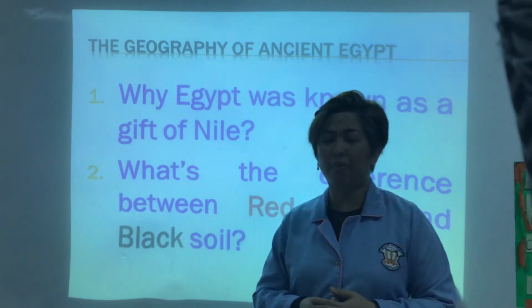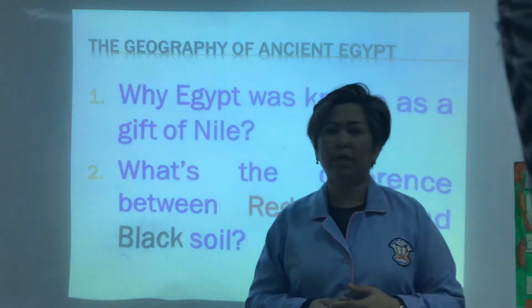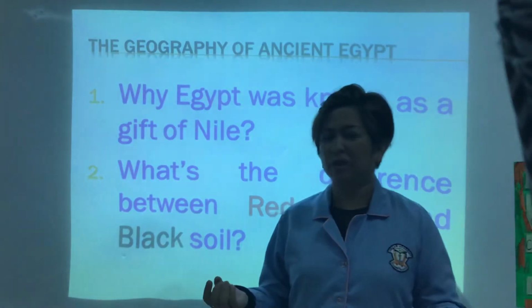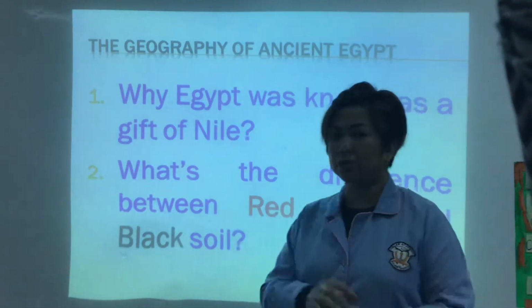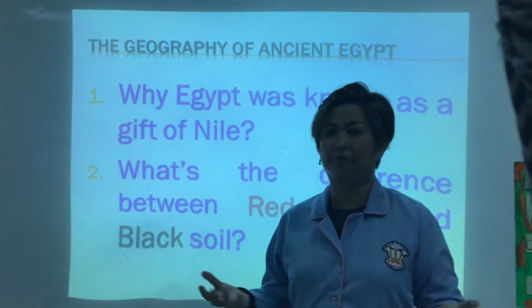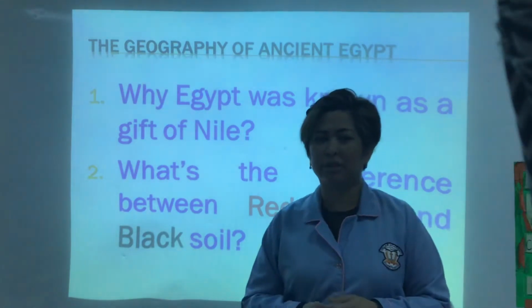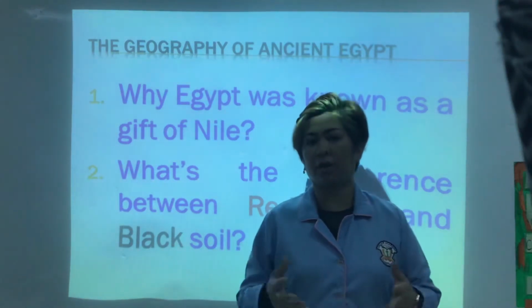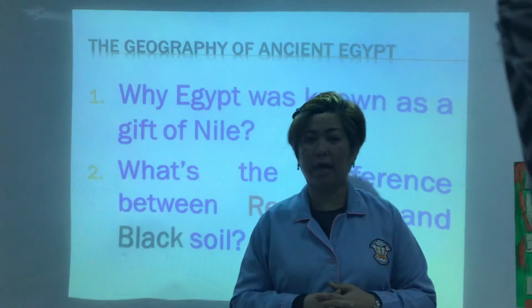It also helps people to get precious metals and precious stones. The black soil helps the people raise animals and plant different crops. So that's the difference. The black soil is fertile soil and the red soil is the desert.